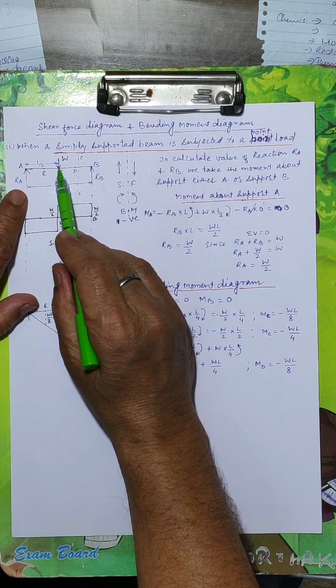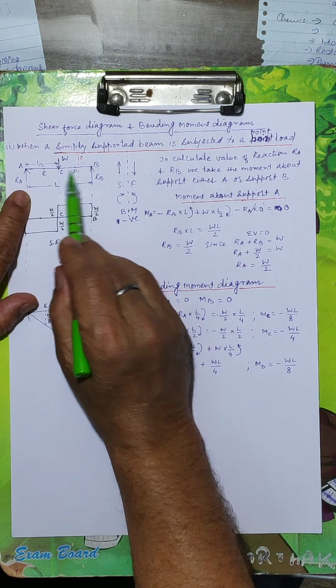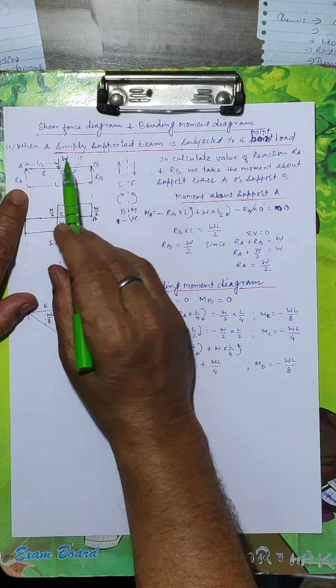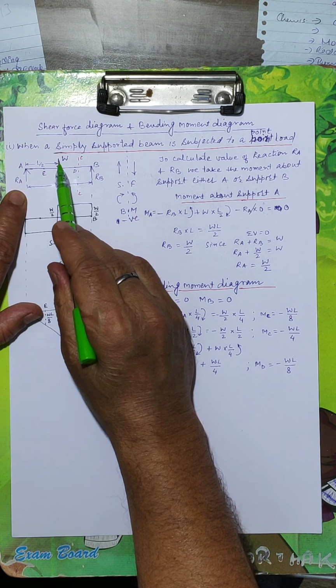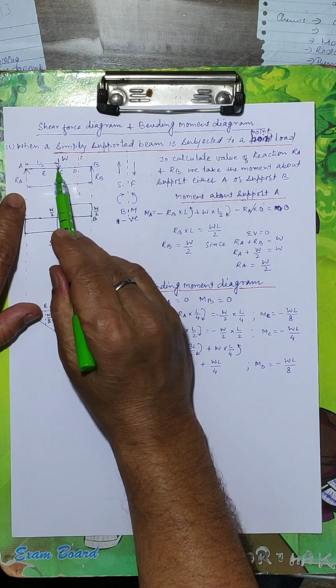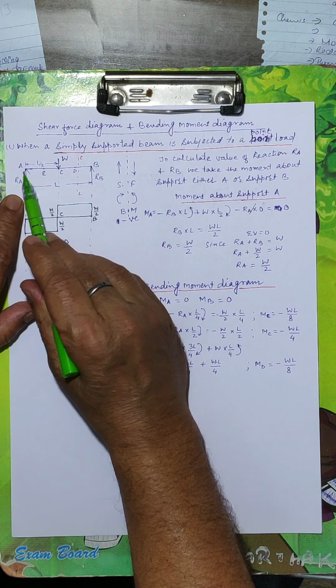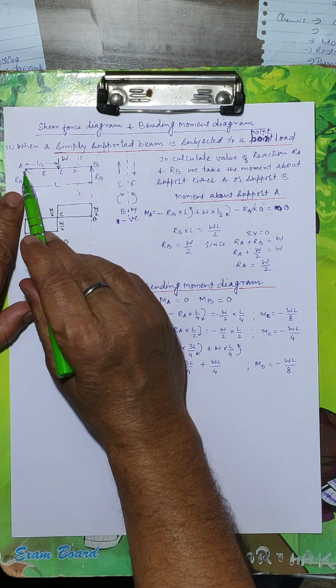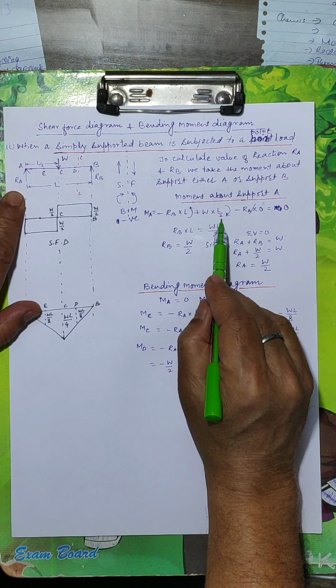Then W. There is no load between B and C, so we come to the point C, where the load is W. W into the distance A to C, which is L by 2, because W is acting at a distance L by 2 from A. So W into L by 2.